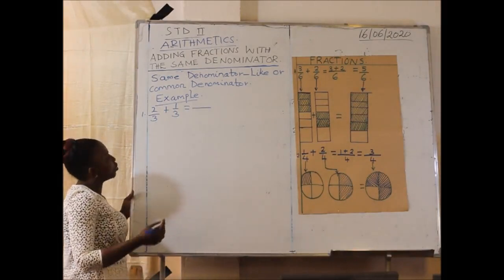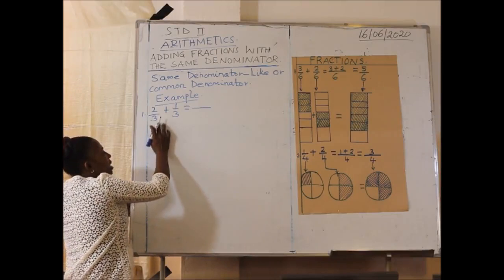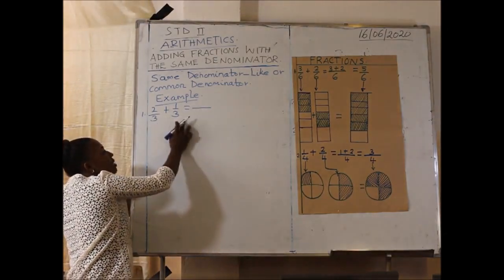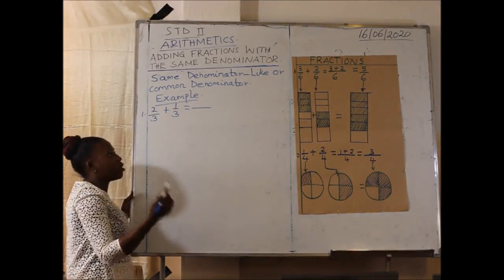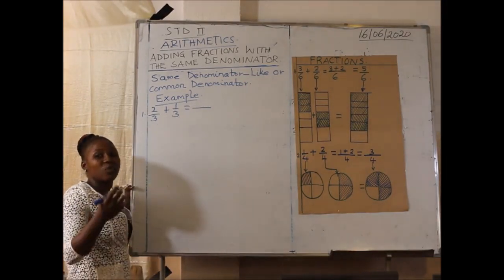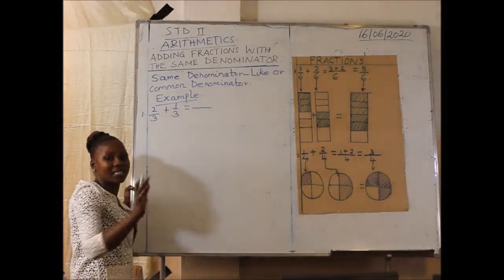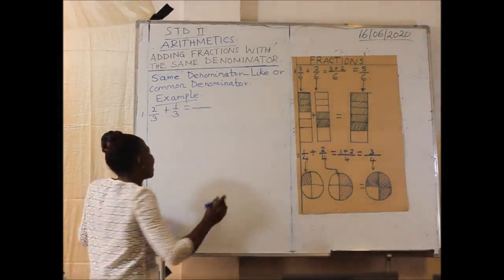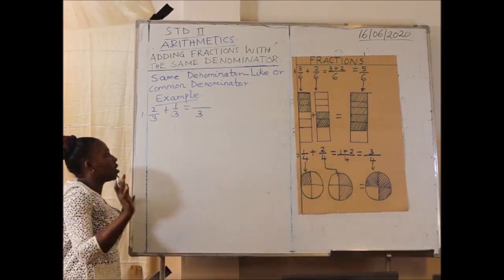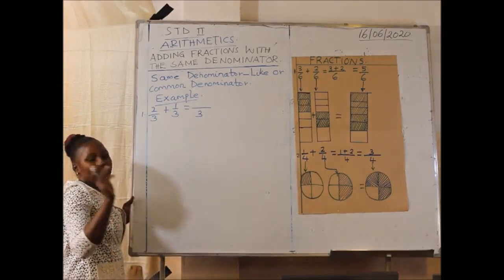So how are we going to write the answer then? Remember that I told you, when writing the answer, you have to write the denominator the same. Don't change it. Don't add 3 plus 3. Rather, you have to write that 3 the same way it is, because we are dealing with the same or common denominator. So we write our 3 here. The only number which is going to change is the numerator.